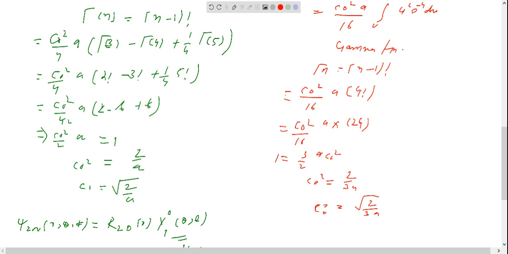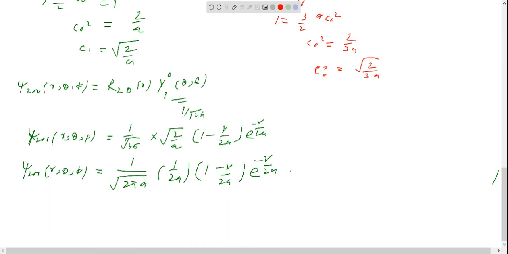So we have c naught. Now we will find these three expressions. We have psi 2 1 plus minus 1 of r, theta and phi equal to R 2 1 of r into Y plus minus 1 1 of theta and phi.